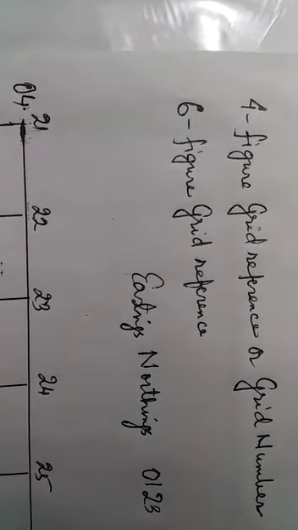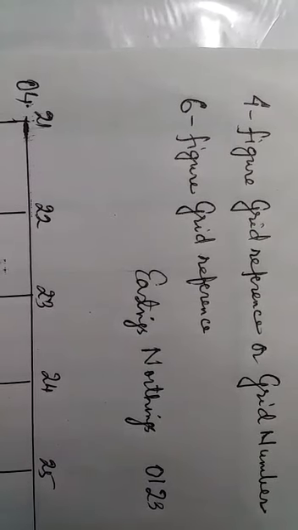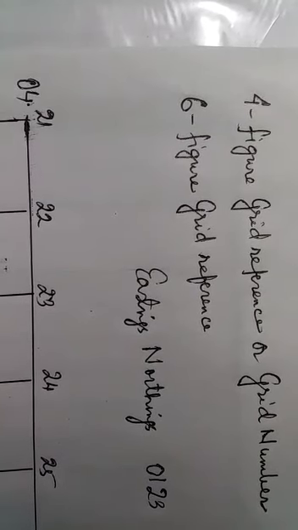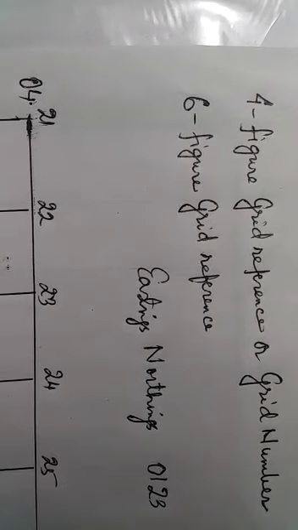It is written there: 4-figure grid references are used to give the locations of objects that occupy a large area within a particular square.